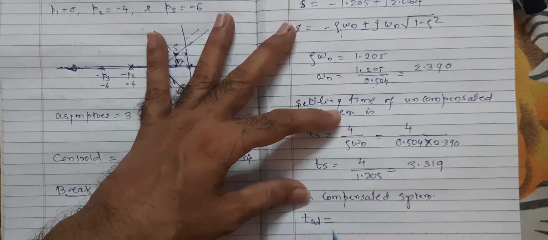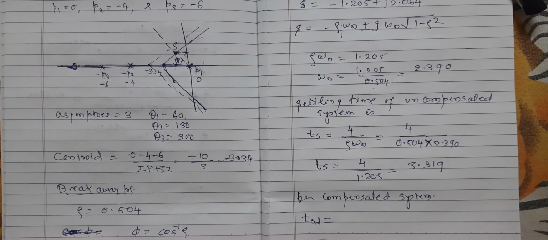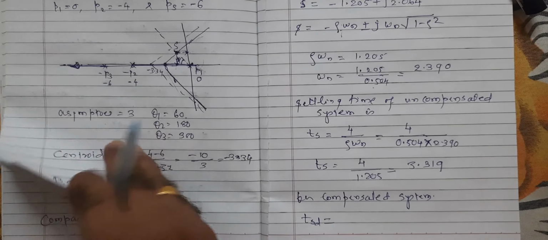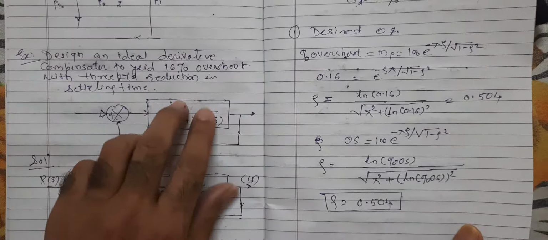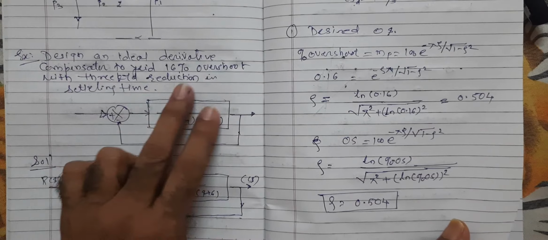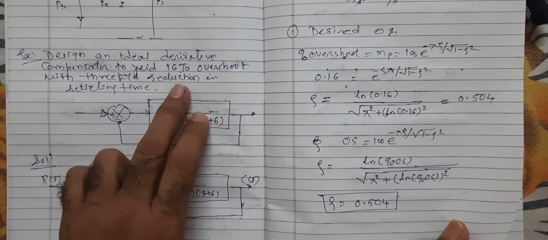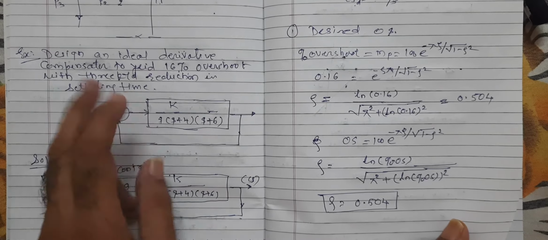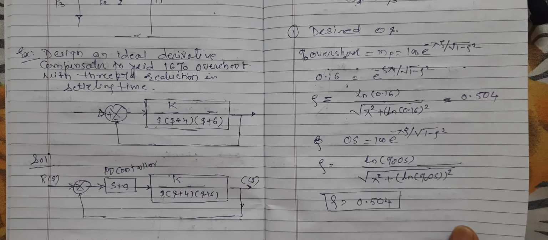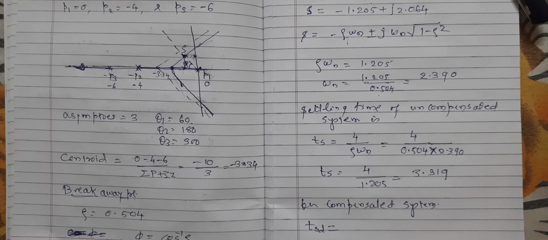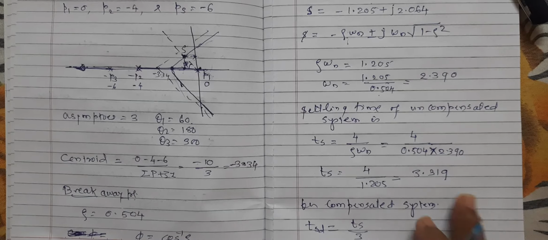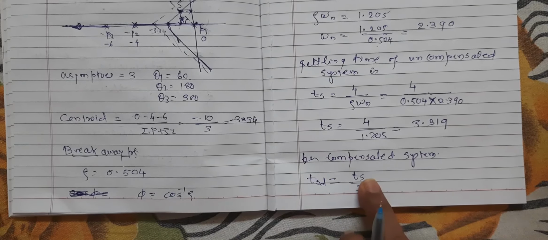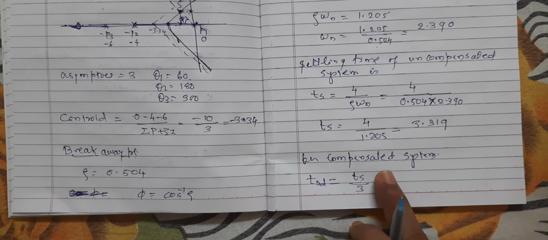Ts desired, D for desired value. Now see here, it is given in the statement itself: a 3-fold reduction in the settling time. That means there is a 3 times reduction, so it equals Ts by 3. This is uncompensated, so we have to reduce the settling time.